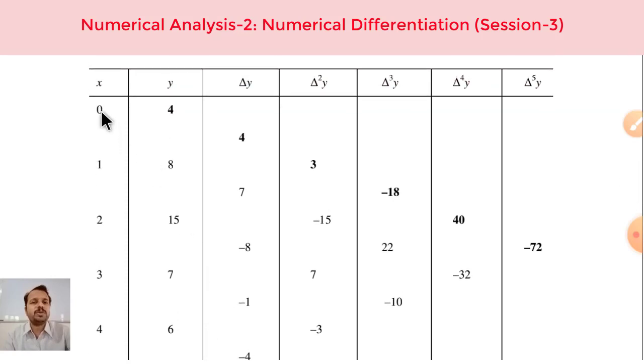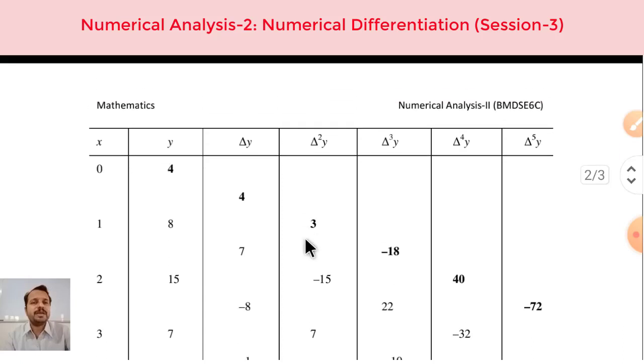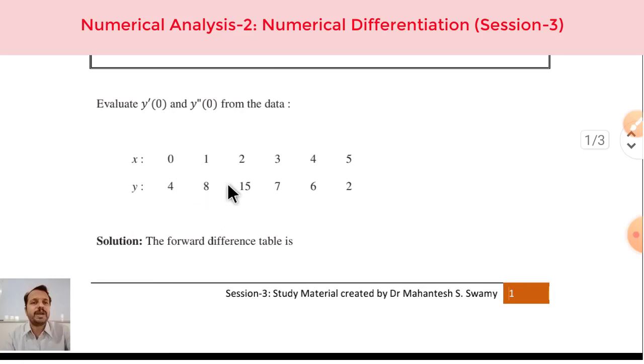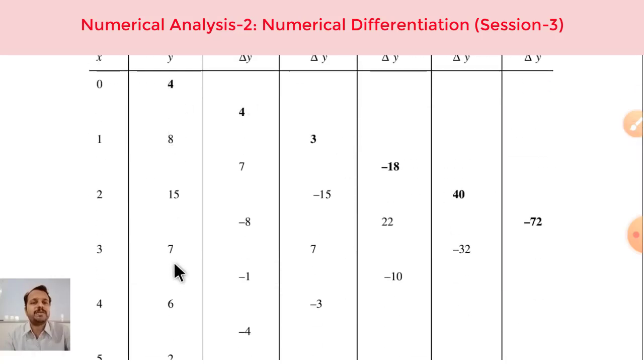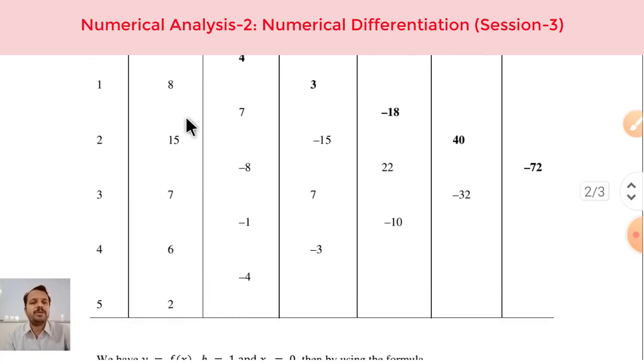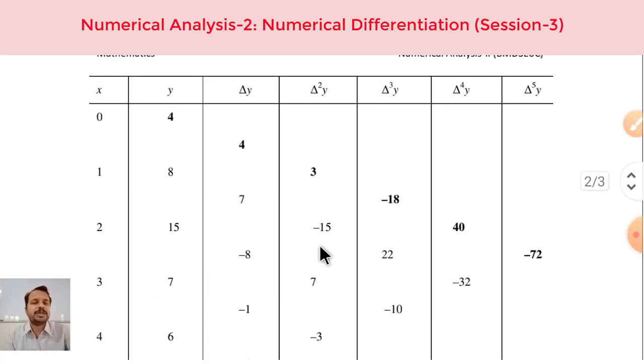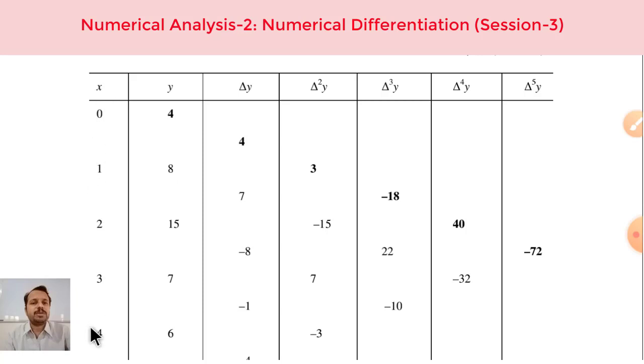Corresponding to these values of x, the corresponding values of y are, if you look at the table, 4, 8, 15, 7, 6, 2. So the same values 4, 8, 15, 7, 6, 2 have been written in the vertical direction. Now you forget about this, we don't have to do anything with this. Now we have to play with this second column.